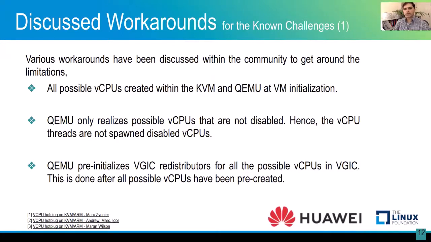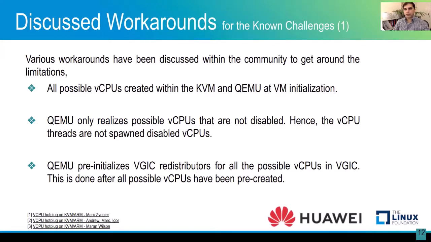Now, QEMU pre-initializes VGIC distributors for all the possible vCPUs in the VGIC. I remember, because the VGIC has this requirement that this needs to be done as part of the VM init process, right? So QEMU does that, and all the distributors are created along with the vCPUs at the VM init time.